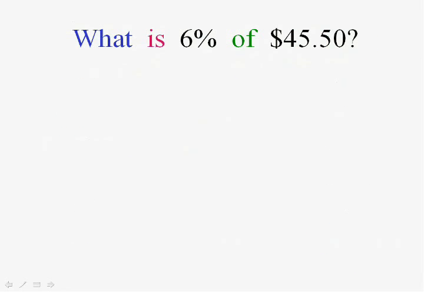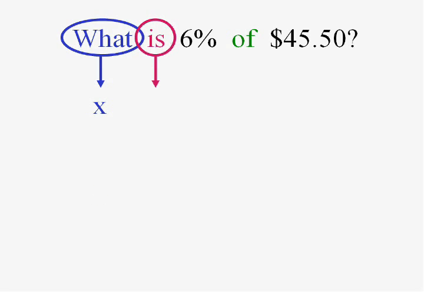Allow me to demonstrate. Let's try one. What is 6% of $45.50? Let's go one word at a time. You'll get to know this. What interprets to X. I told you, any question word interprets to X. Is becomes, we just said, equals.